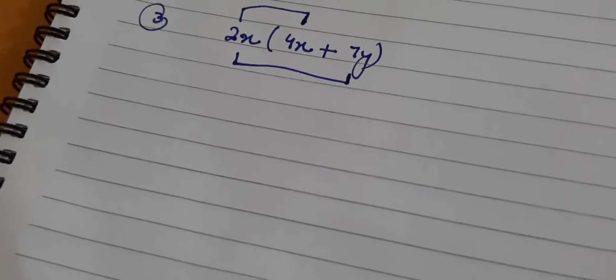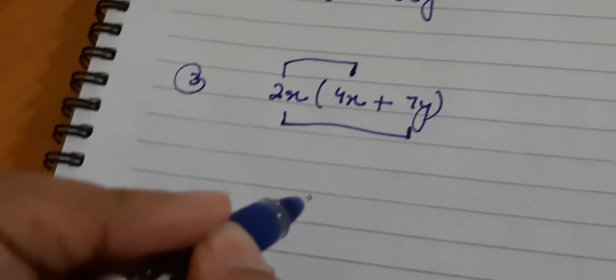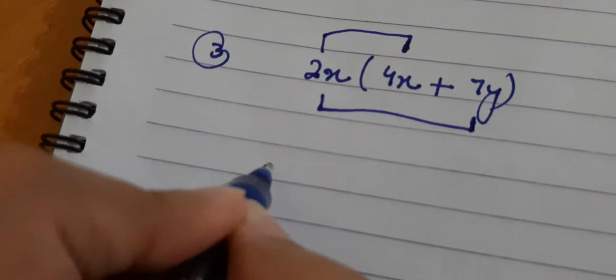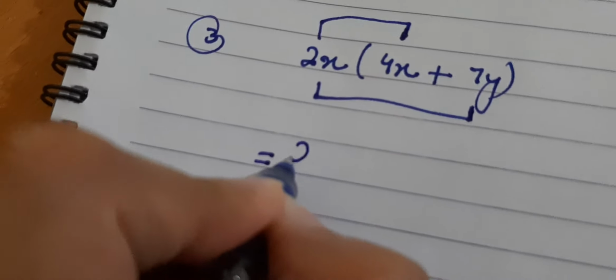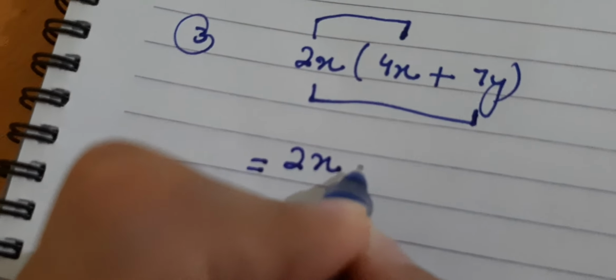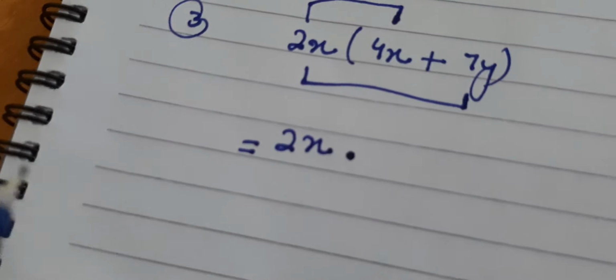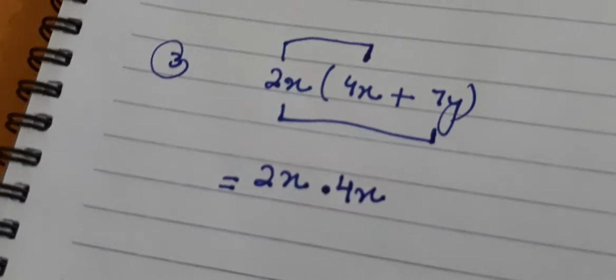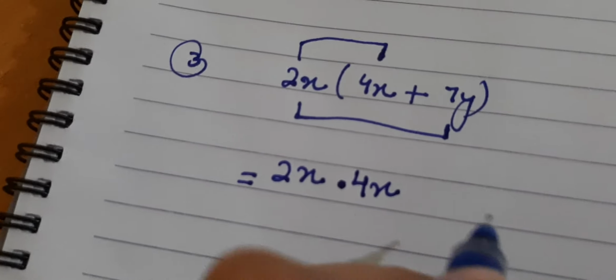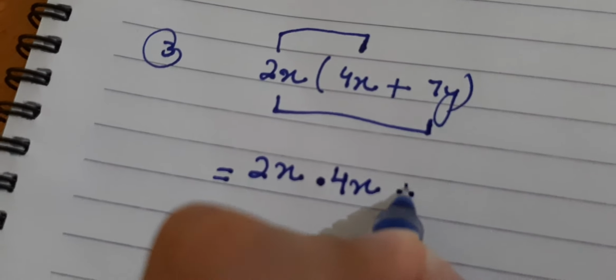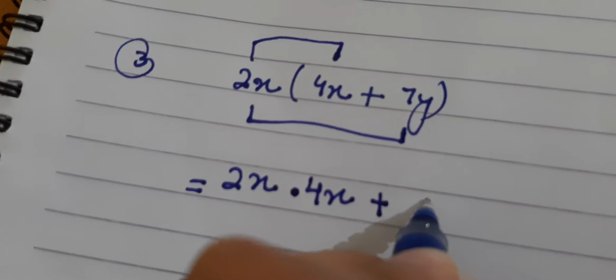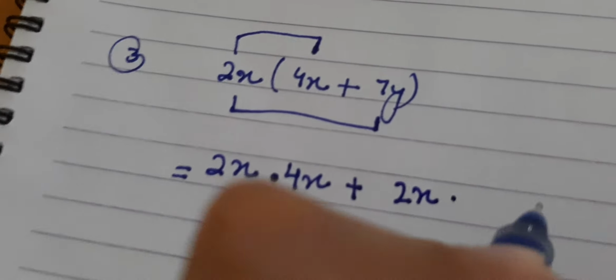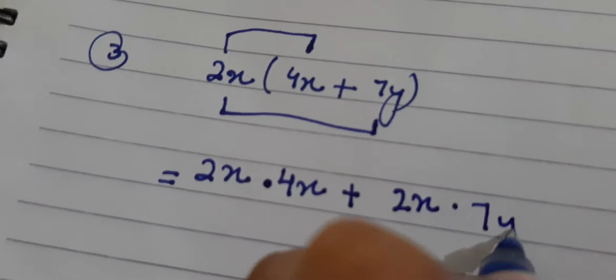Okay, so let us open it. Let us do it in a bit of a simpler way. Equals 2x multiplied, this dot is a sign for multiplication, by 4x and then we have plus sign, then 2x multiplied by 7y.